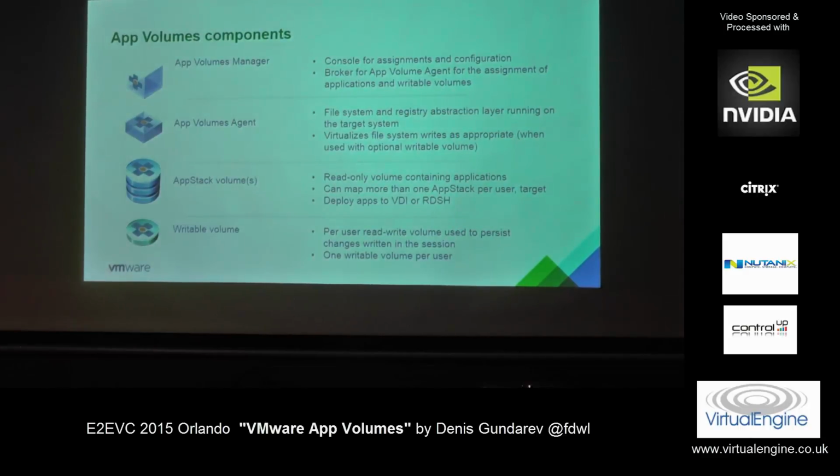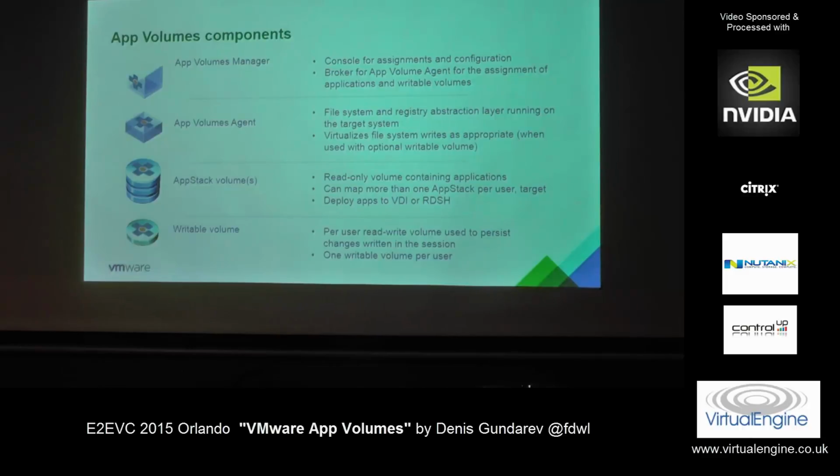So basically, there are a few components with AppVolumes. It's the AppVolumes Manager, which I will talk about in detail: the console for managing the AppVolumes deployment and managing AppStacks. An AppStack is basically a VMDK or VHD file that contains your application.